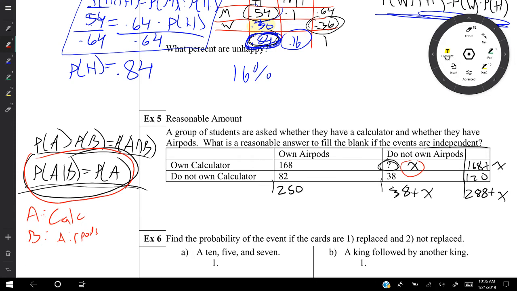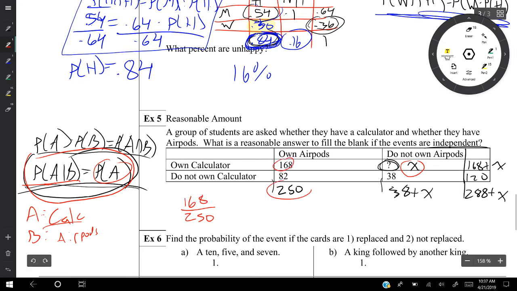So back up. The probability of owning a calculator, that's event A, should be equal to the probability of owning a calculator given you own AirPods. So let's calculate the left half first. Given you own AirPods, 250. The probability you own a calculator is 168 of the 250.